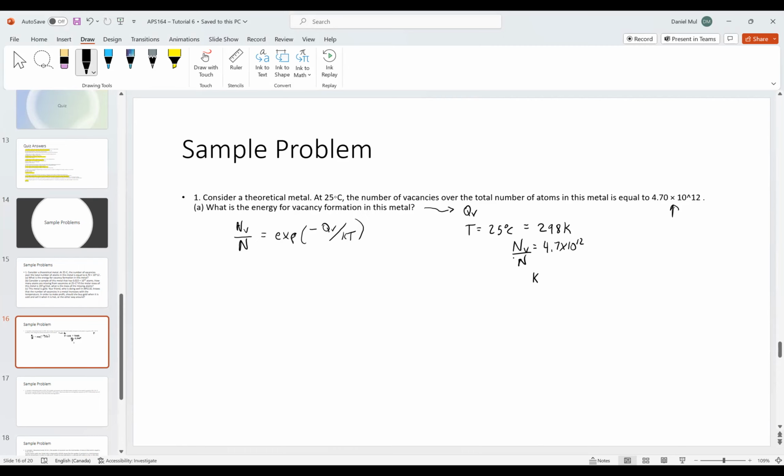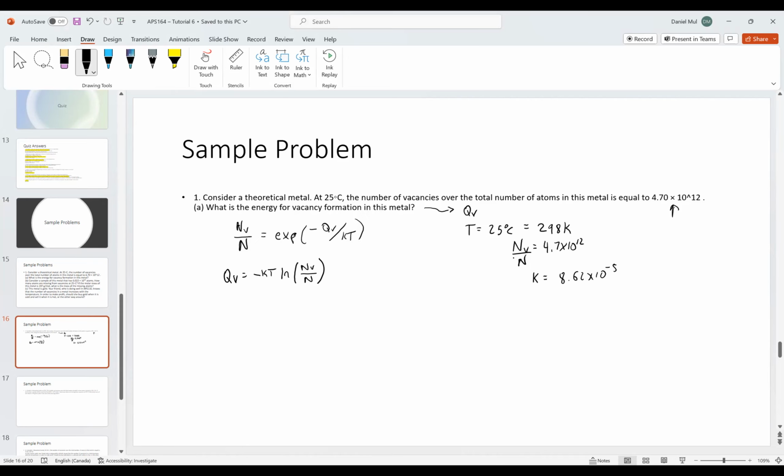And then we have K. This is just a constant that we're always given. So basically, QV is equal to minus KT ln of that.